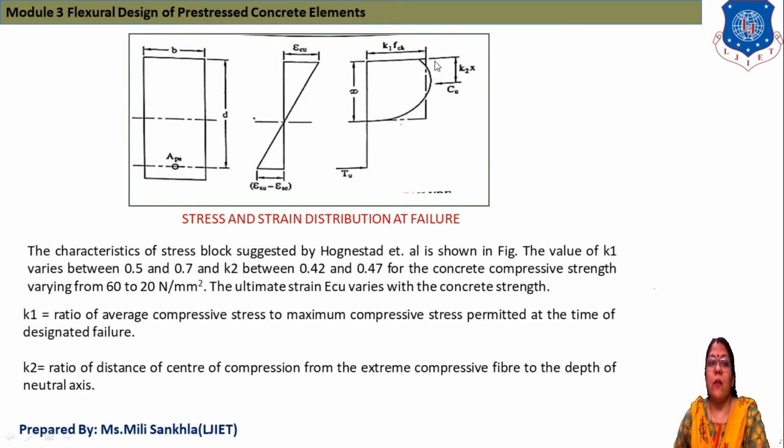This one is the distance of center of compression from the extreme compression fiber to the depth of neutral axis. And same here, K1 is the average compressive stress to maximum compressive stress permitted at the time of design failure. K2 depends upon depth and K1 depends upon the values of compressive stresses.